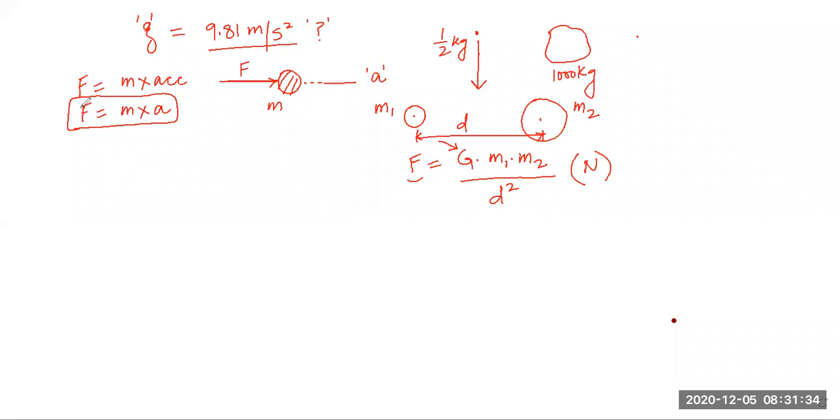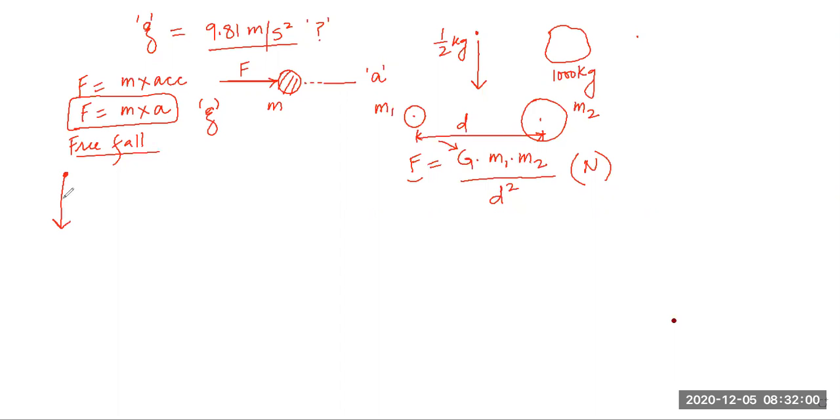So this force is m into a, and this force is G into m1 into m2 divided by d square, right? Students, when there is a free fall, whenever a body is falling towards the center of the earth, this acceleration becomes acceleration due to gravity g. The acceleration is g.